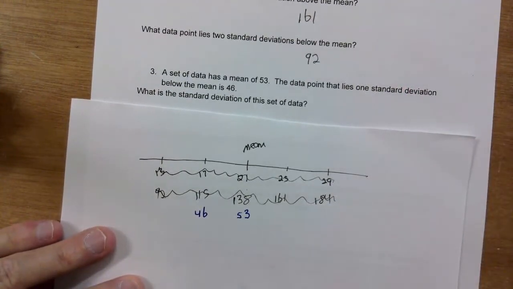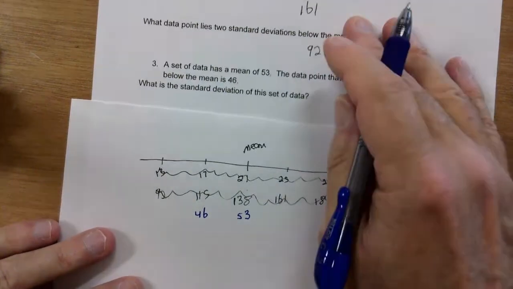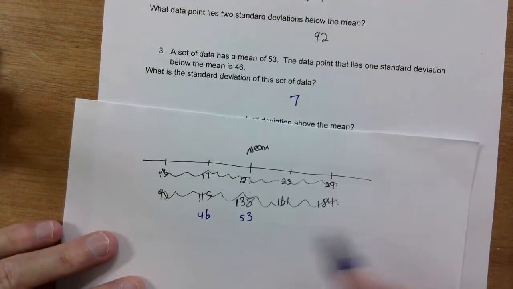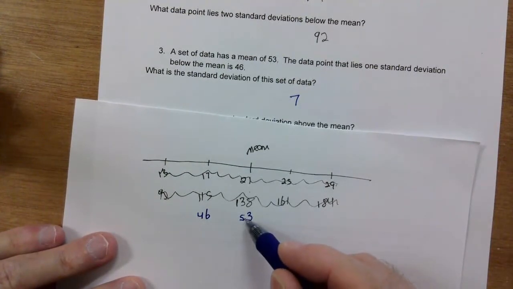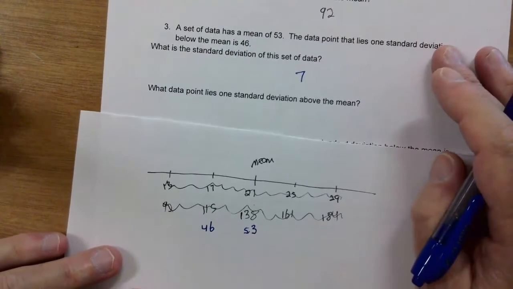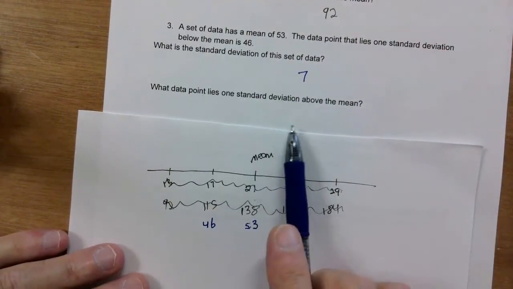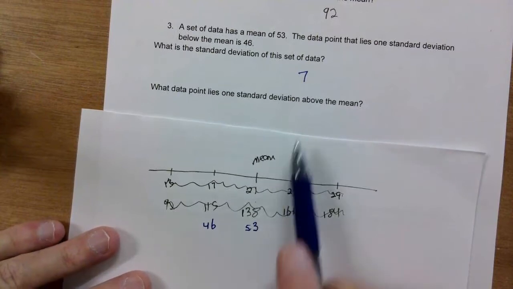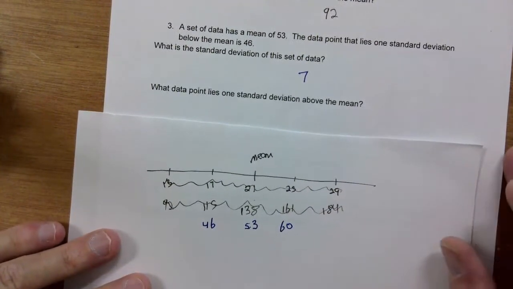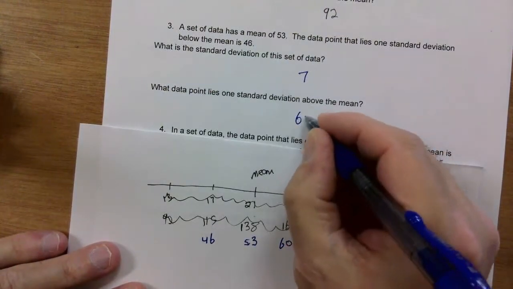That's 53 minus 46, which is 7. The standard deviation is the difference between the mean and the first standard deviation below it. What data point lies 1 standard deviation above? Add 7. This must be 60.